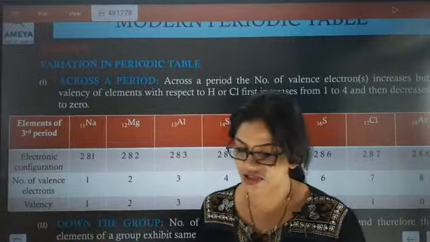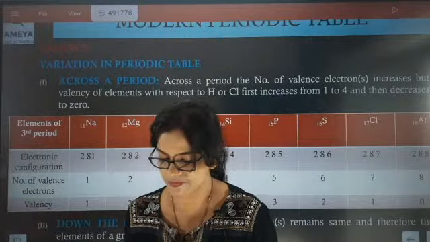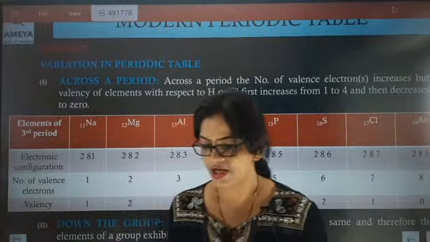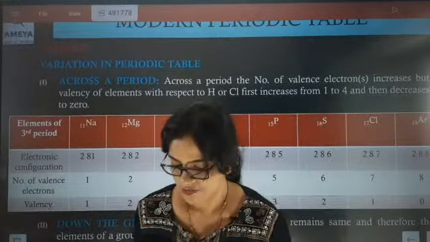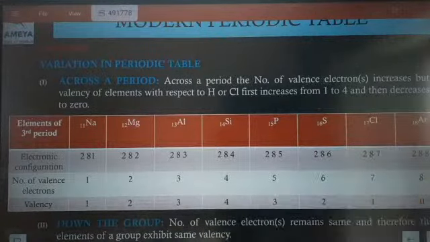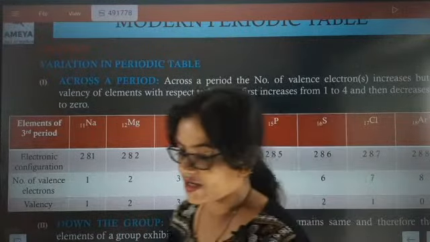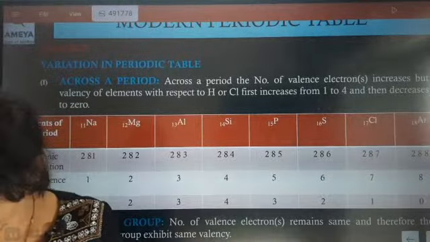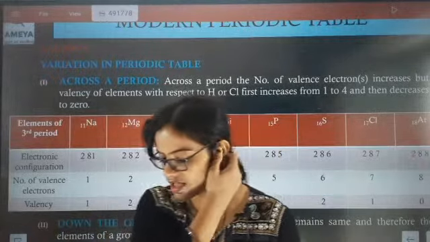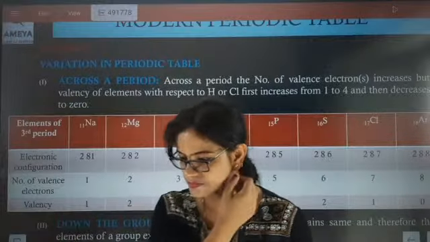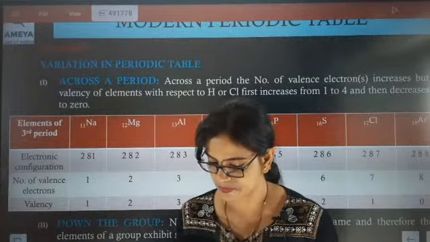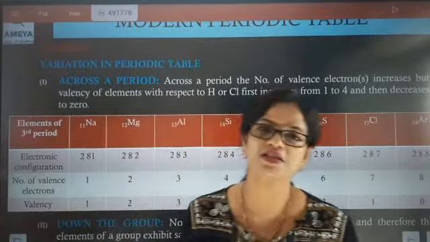I received Kamya's answer. Let's see what others have to say. As Kamya has given the answer, fluorine. Okay, Tawfiq, fluorine. Yes, the correct answer is fluorine.